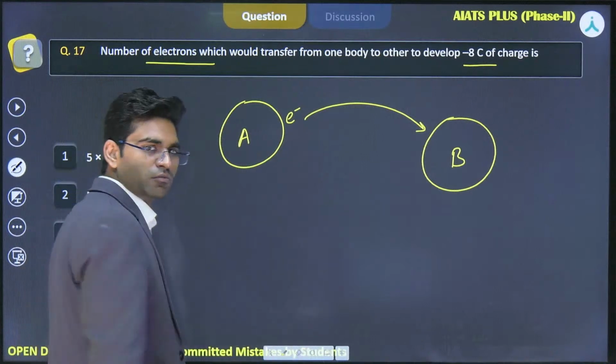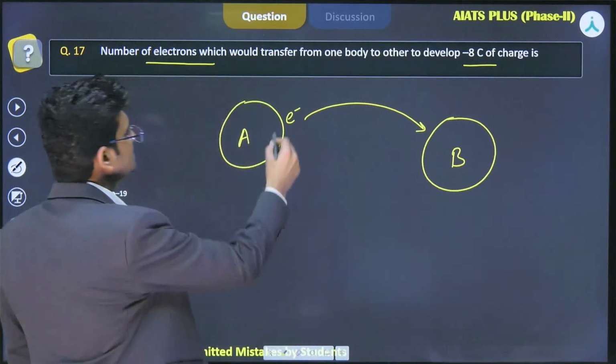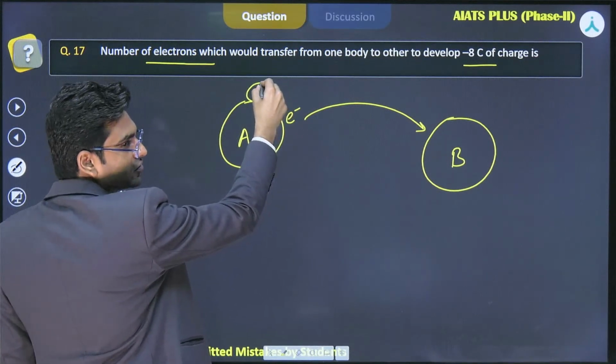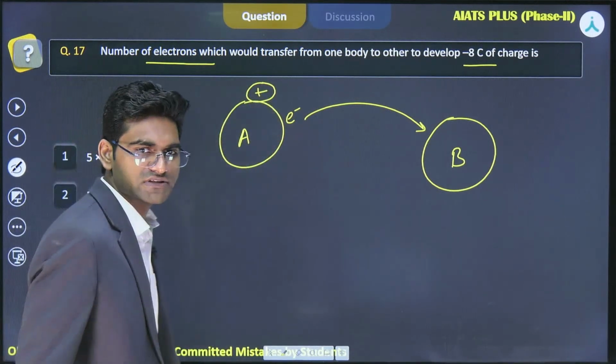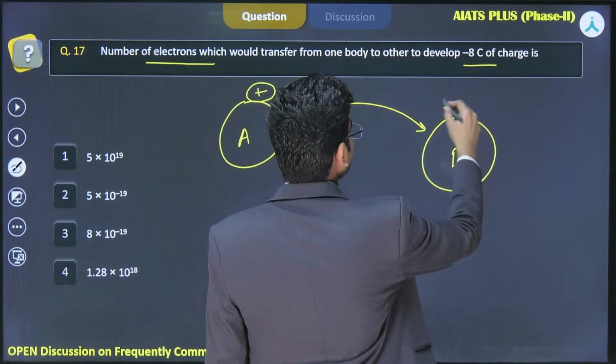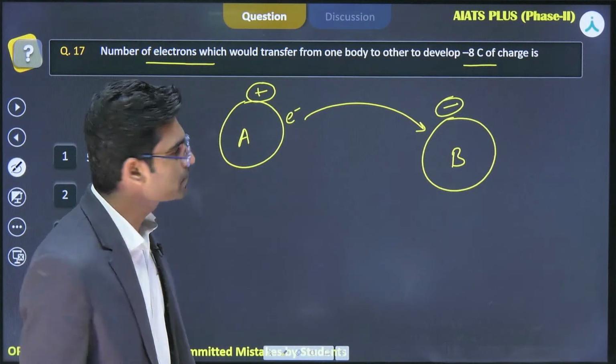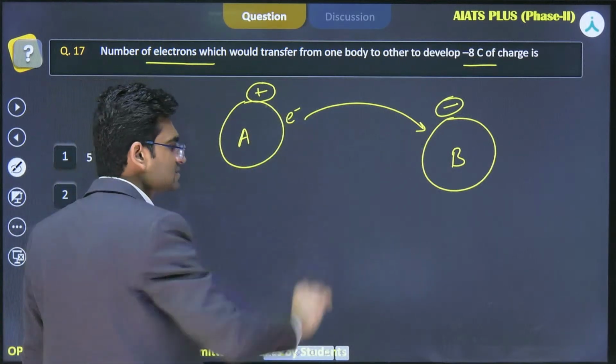Both the bodies will be charged, right? Since it has fewer electrons now, this will be positively charged, obviously. And this has more electrons than before, that's why this will become negatively charged, right?